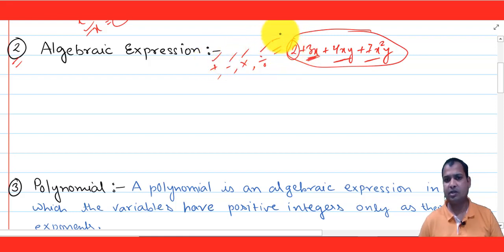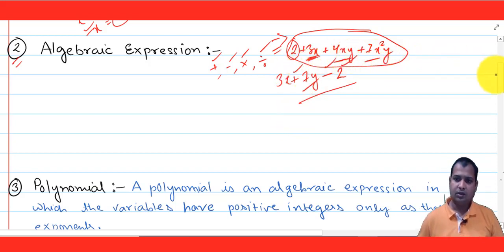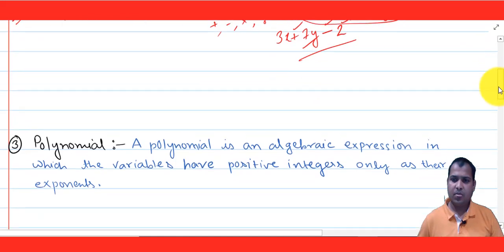Like in this expression we had only plus, we could have had like this also. Yes. So here also you see this is an algebraic expression which has 3 terms. You can see constant also, you can see variables also, you can see these connectors, okay. So algebraic expression is clear to you, okay.